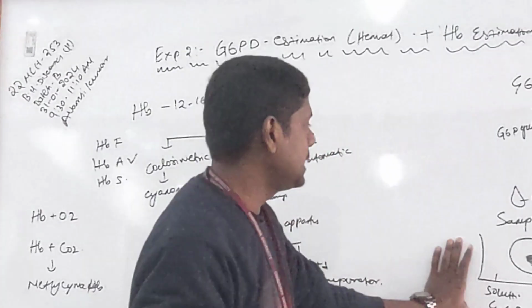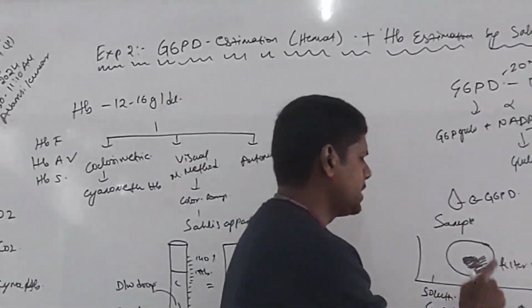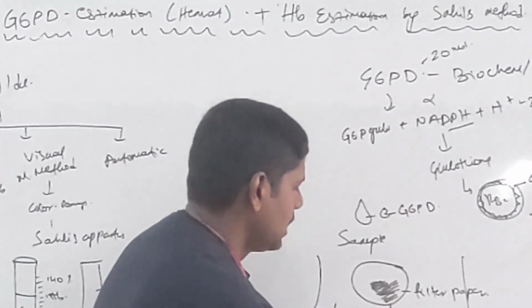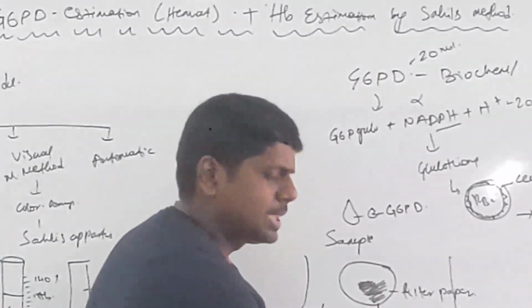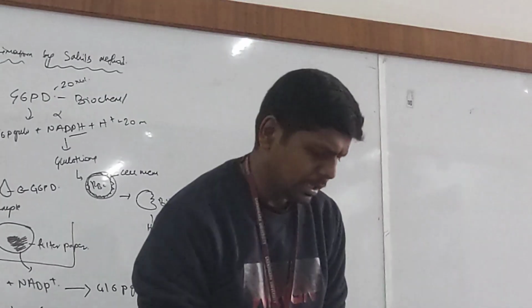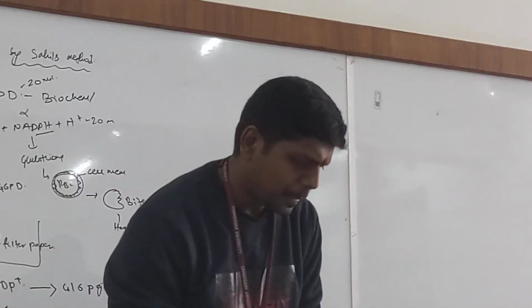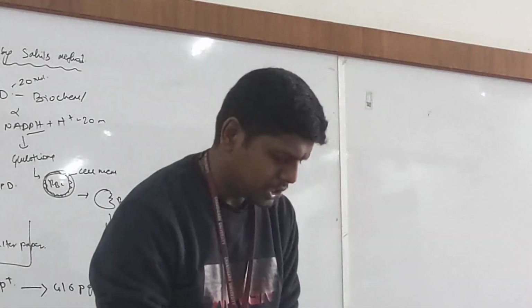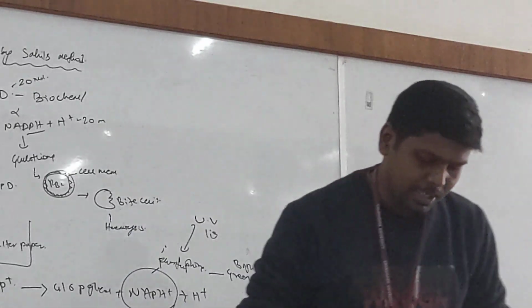Yeah. That's it. So write down the normal levels of G6PD. In a normal adult, the G6PD levels are, normal G6PD levels are, one second. I made a blunder with this. I haven't got normal values here.